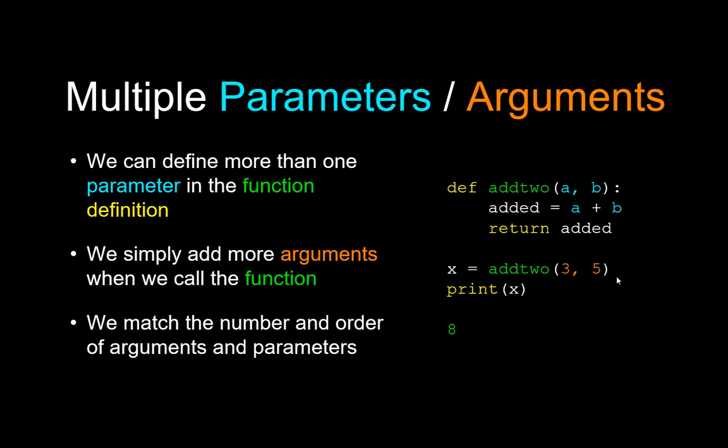So here we are using add2 for 3 and 5. Within this function, it's going to add 5 and 3 together and return it. So x will have the value of 8 here. When we print x, we're going to have 8 printed for us.